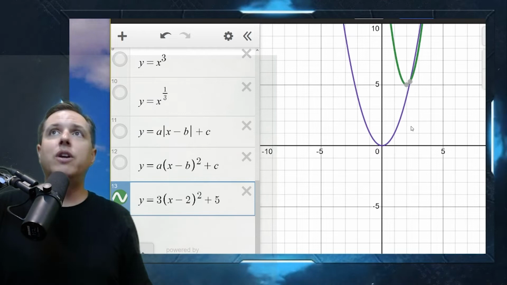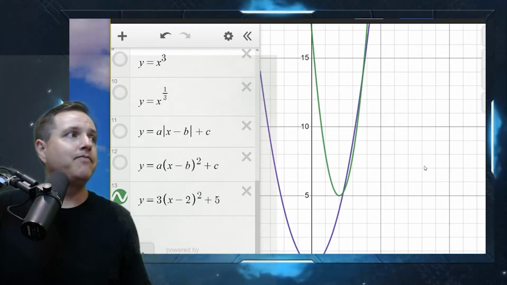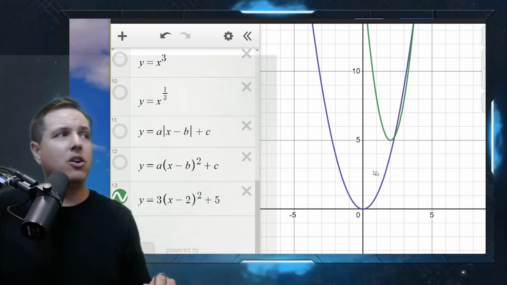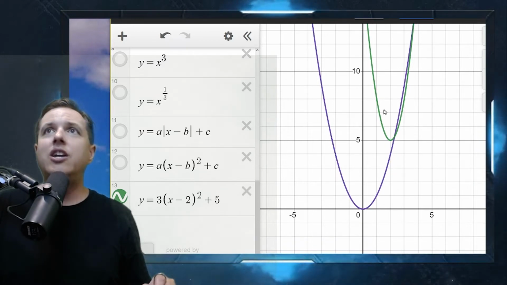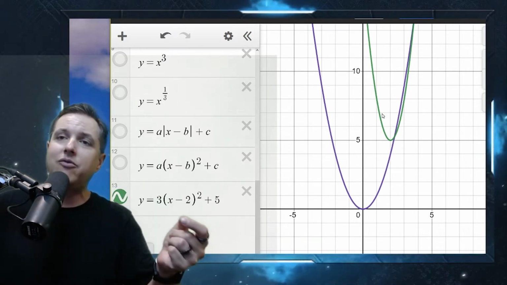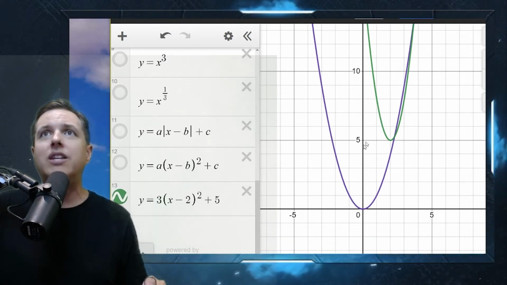Okay, so on screen right here we see two parabolas, but they're different from each other. So here we have the basic y equals x squared, and here we have this y equals (x minus 2) squared plus 5. They're the same basic family, quadratics, but how do we get from one to the other?